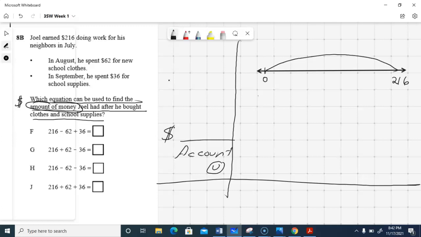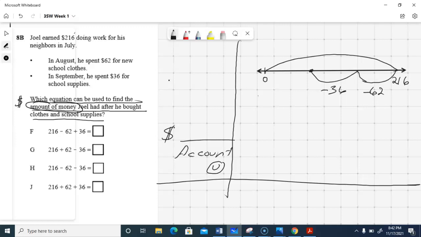But he ended up spending $62 to buy school clothes. And then he spent another $36 for school supplies. And this amount right here would be what's left in his account.